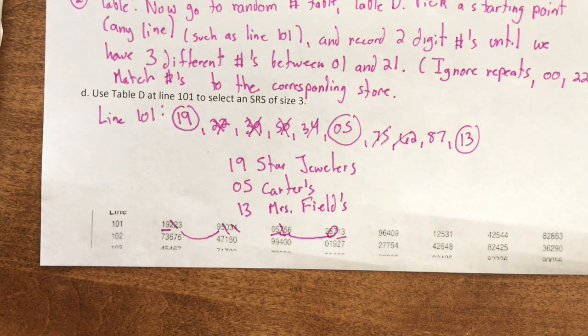And then you also should be able to explain how to choose a simple random sample using your calculator or a table of random digits, and then go ahead and actually be able to conduct your simple random sample.